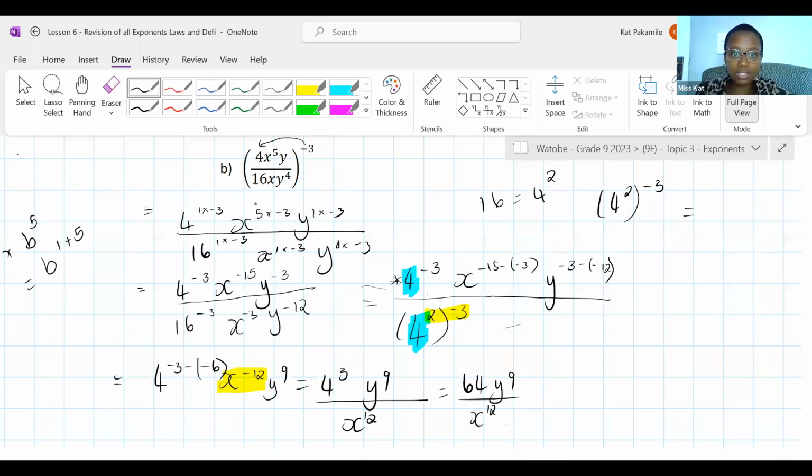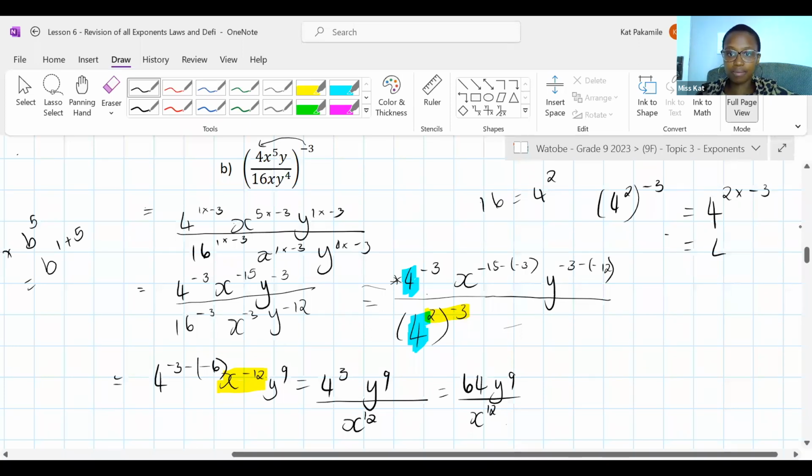Amasha says multiply. So you're going to say 4 to the exponent of 2 multiplied by negative 3. How much is 2 times negative 3? Negative 6. Okay. Do you see now where we get that?